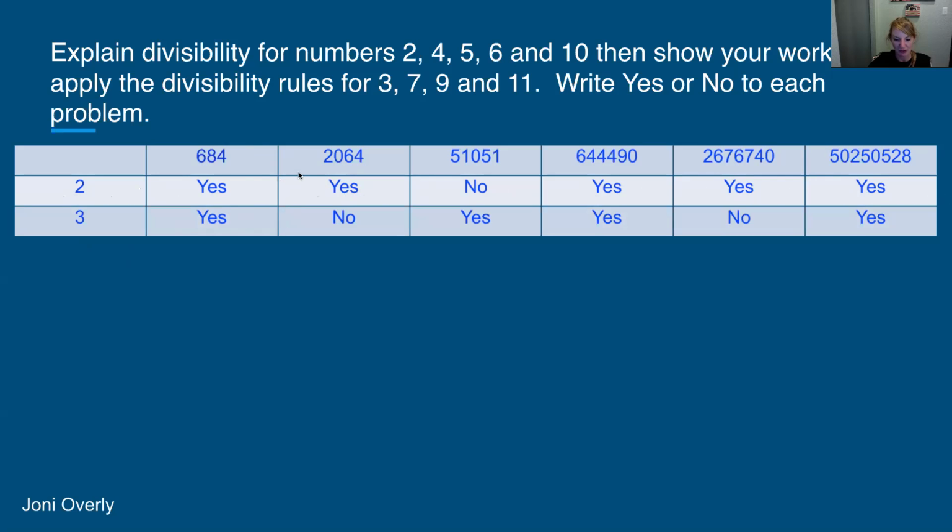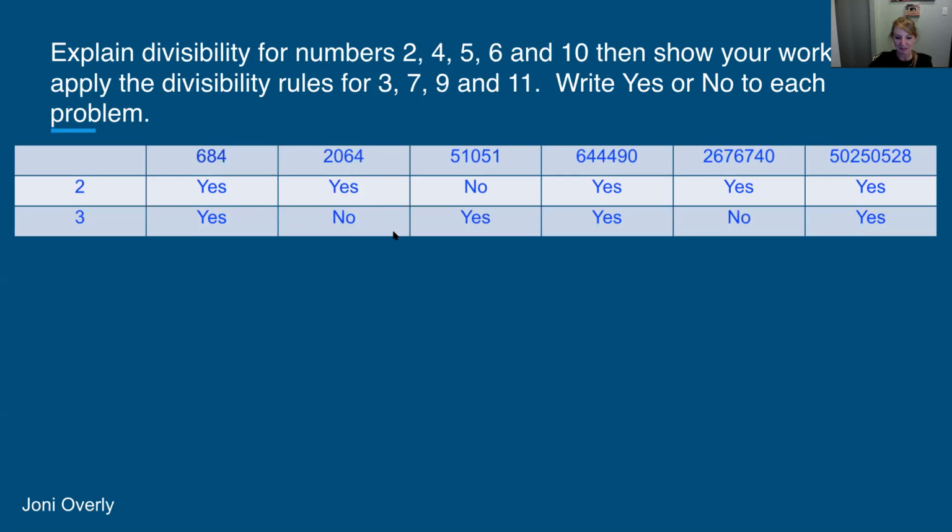So 2 plus 0 plus 6 plus 4 is not going to add up to be divisible by 3. So that's not going to be.